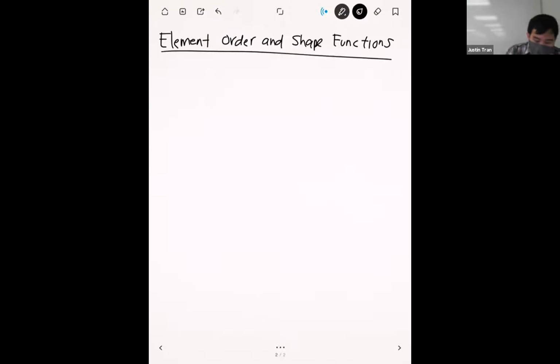To start, let's remind ourselves what element order means. When people talk about the order of an element, what they're really referring to is the polynomial order of the approximating function.